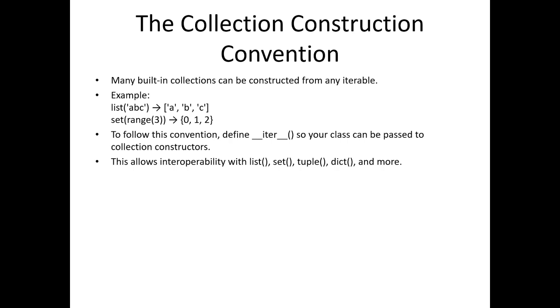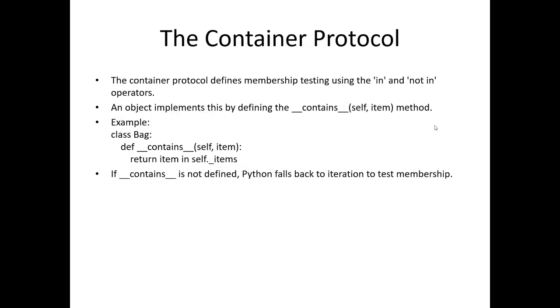To follow this convention in your own classes, you simply need to implement __iter__. Once you do, your class can be passed to these constructors and will behave just like any other iterable, which is a powerful way to make your classes interoperable with Python's built-in collections.